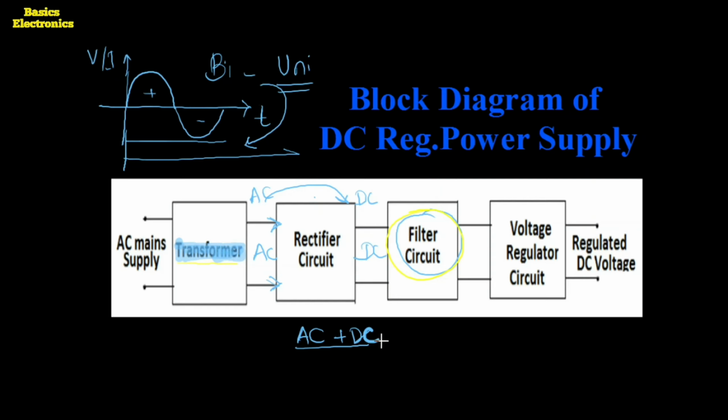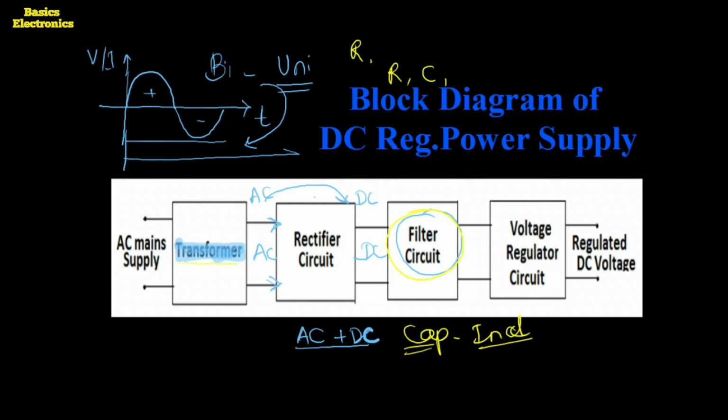A filter circuit is constructed by using either a resistor and capacitor, or a capacitor and inductor, or simply a capacitor, or a combination of any two of resistor, capacitor and inductor.